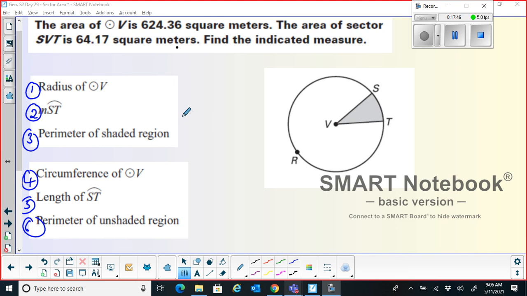First of all, they have given the area of circle and area of sector. So to find the radius of this particular circle, I know the formula for area of circle is pi r square, which is nothing but this, 624.36.